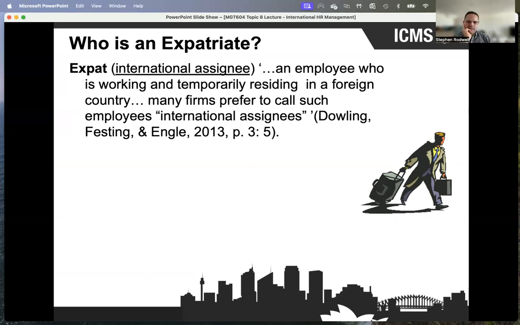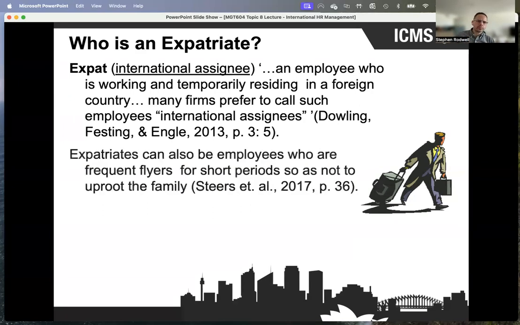Expatriate, there's a bit of a colonial heritage to that term. What's the difference between an immigrant and an expatriate? There can be some judgment aligned with that idea of saying, well, this person's an expatriate as opposed to an immigrant. So therefore, just to avoid that, some countries use the term international assignees instead.